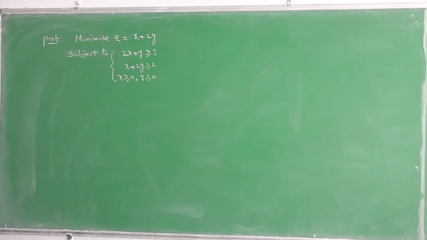Minimize the function z equal to x plus 2y subject to 2x plus y greater than or equal to 3, x plus 2y greater than or equal to 6, x and y are non-negative.